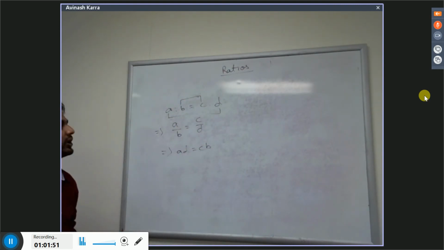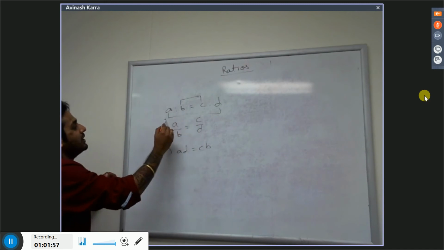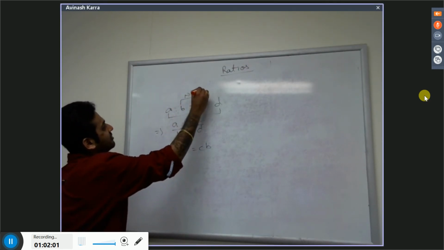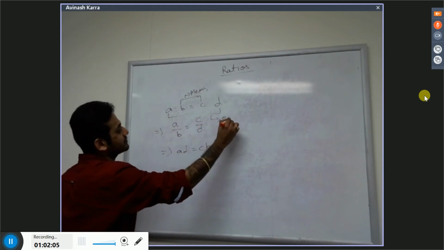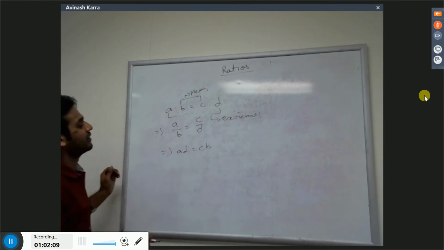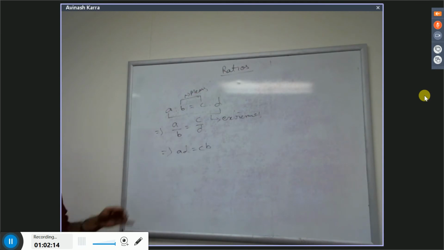When two ratios are equal, the product of means is always equal to the product of extremes. These are means, these are extremes.